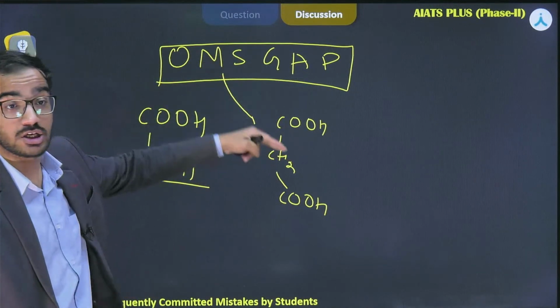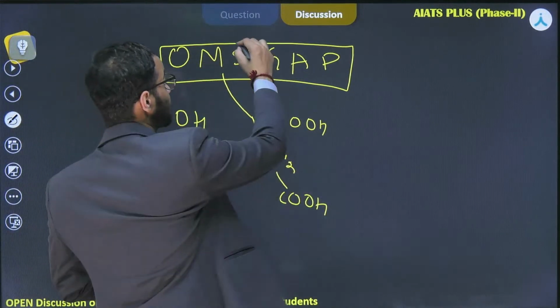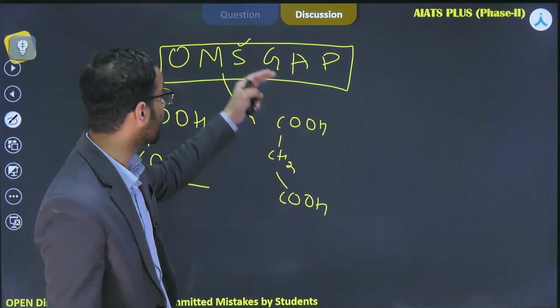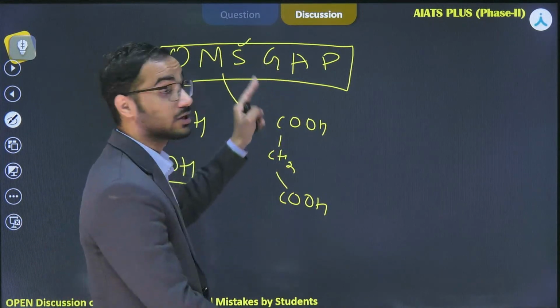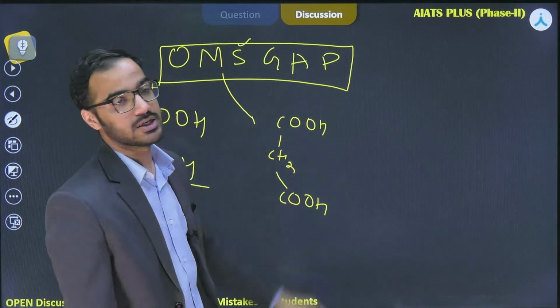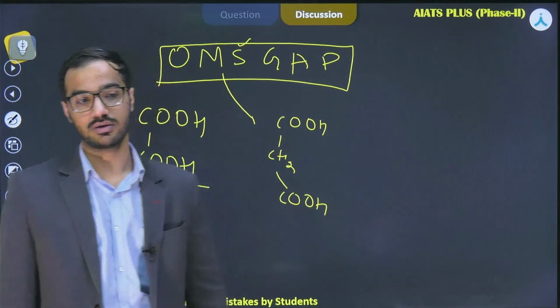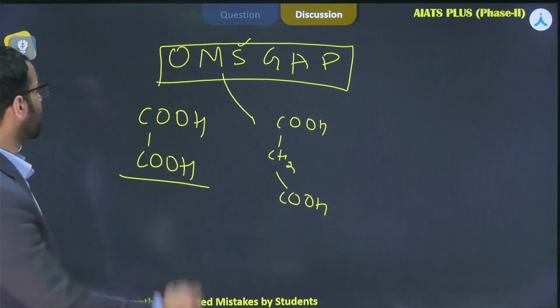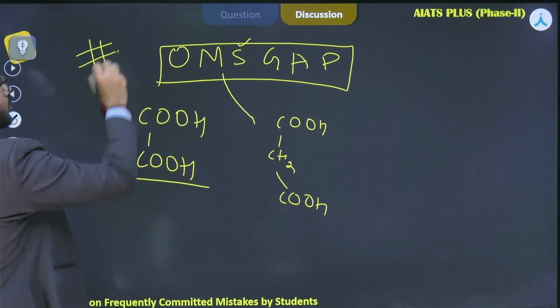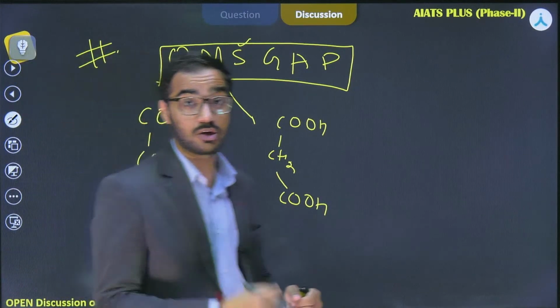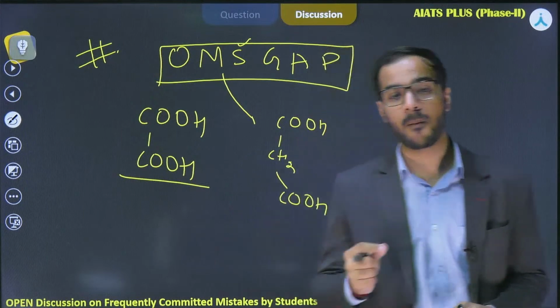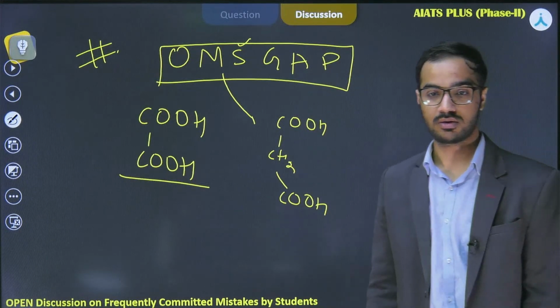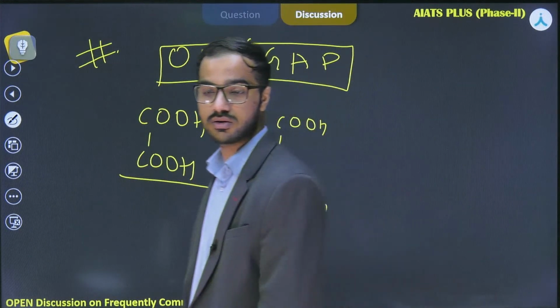You are adding one more CH2, you will be having succinic acid. You will be adding one more CH2, glutamic acid, then adipic acid, then glutamic acid. So this is a trick which will be very helpful for you in order to learn the common names of the compounds. Is it clear, everyone?